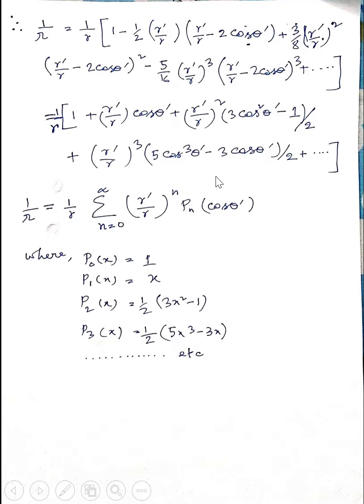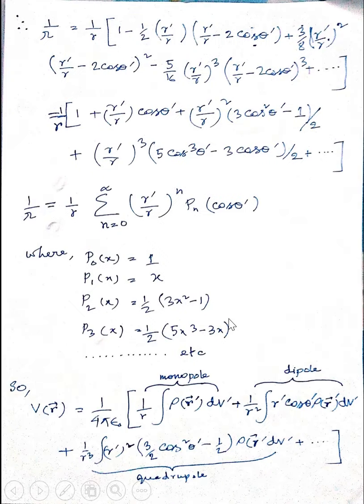Please notice it very carefully. You can find the same thing here, analogous to these polynomials. You can find the terms here. I can write this 1 by curly r in this form. So finally we will get V(r), the potential, as this type of expression.